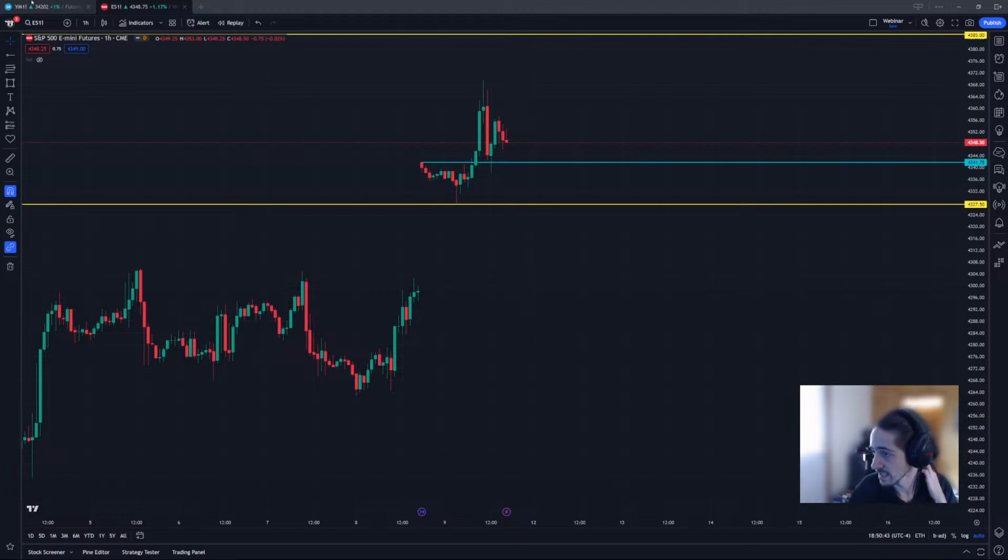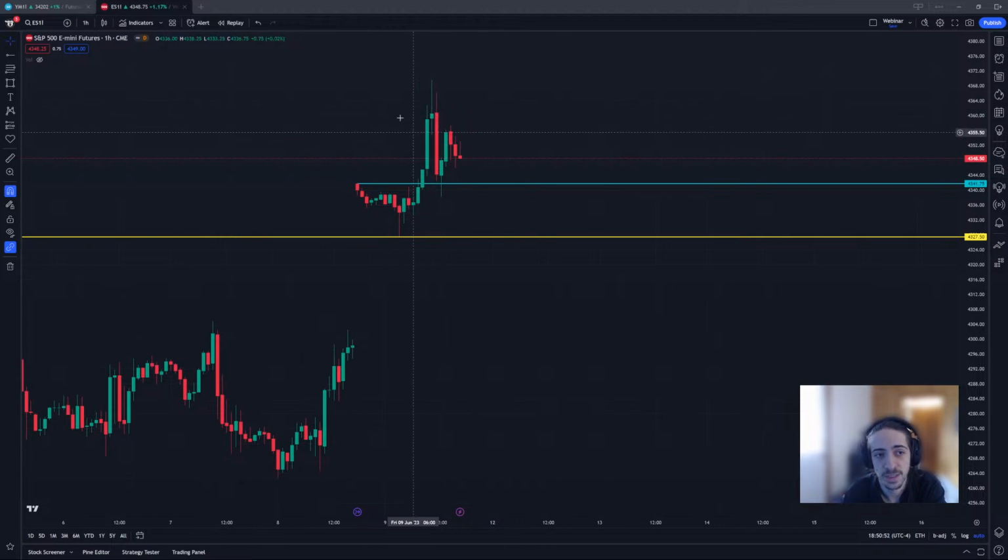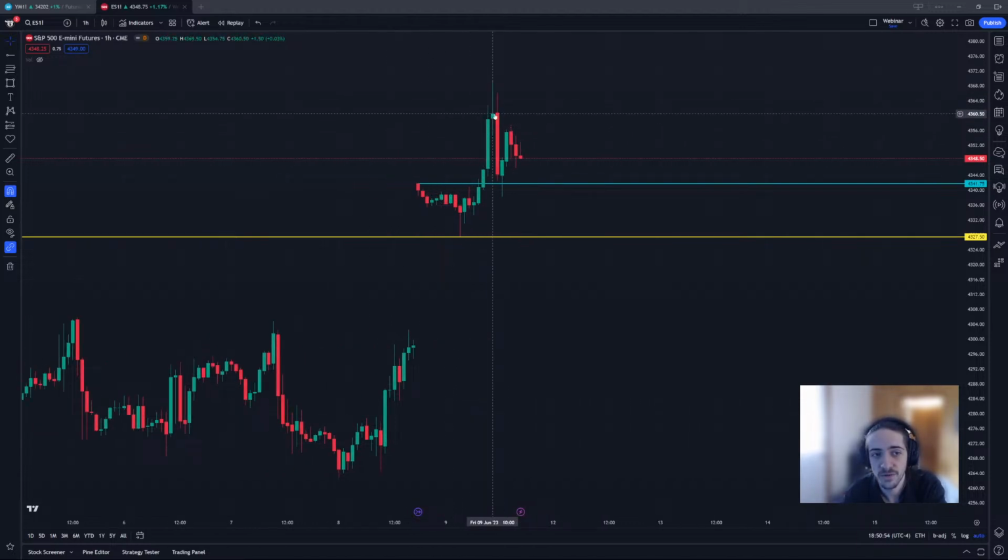Another thing that I like to consider is to look at the higher time frames for some type of trade setup. If you watched Friday's video, I mentioned right before, around 10:30, about a half hour before the video ended, I went to the hourly and said, okay, it looks like we're getting a big hourly wick up here.